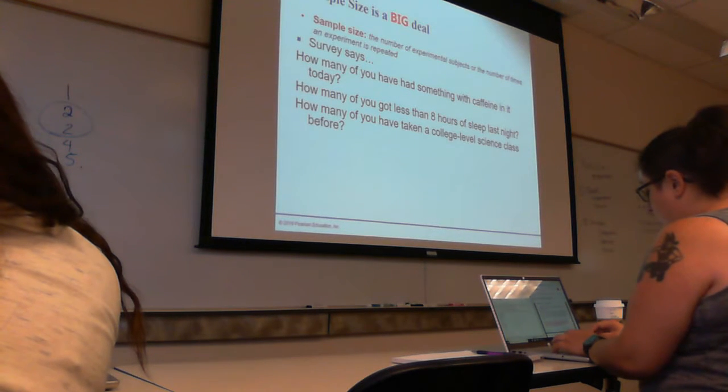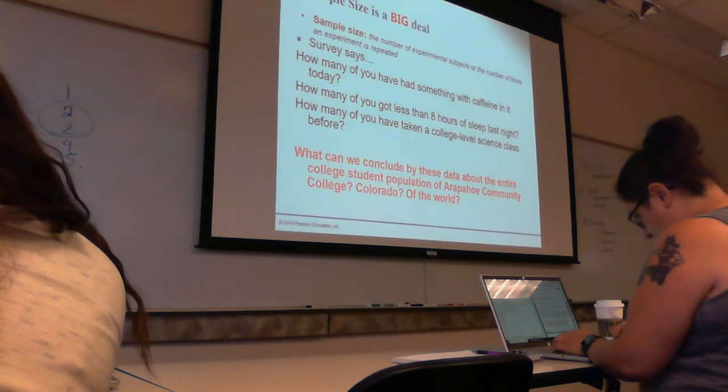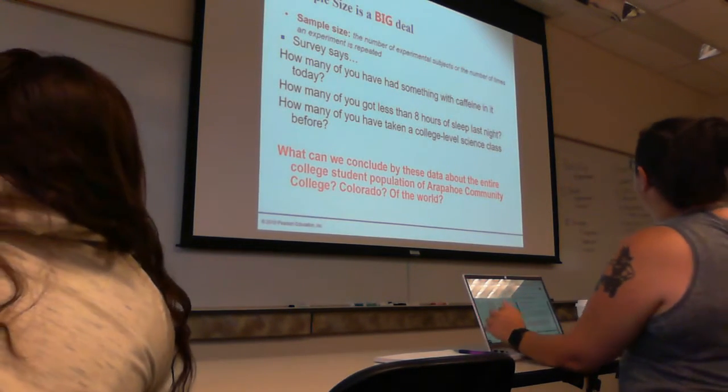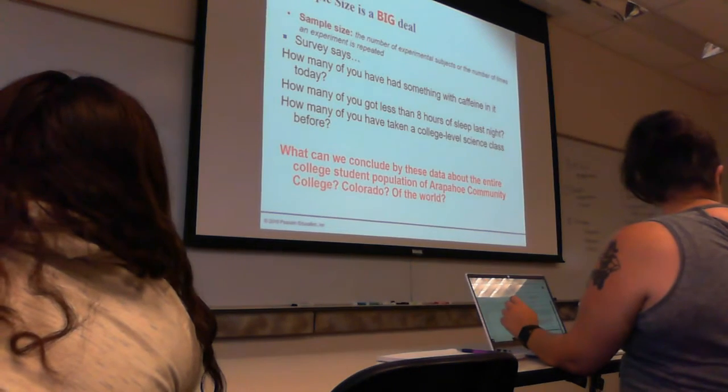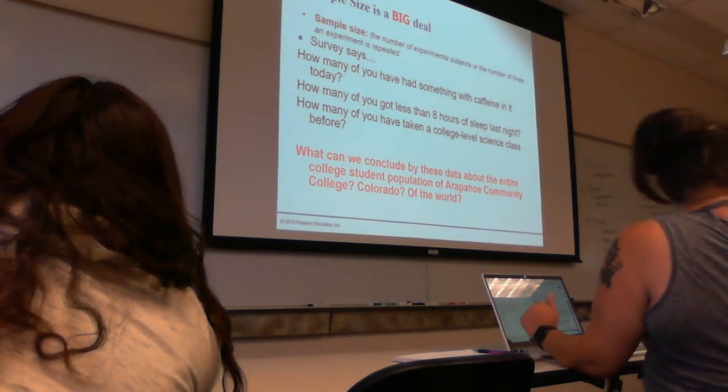How many have taken a college level science class before? 5, 6, 7, 9 or so. So if we were to graph this data, would we be able to draw a correlation between caffeine, hours of sleep, and how well you do in science class?